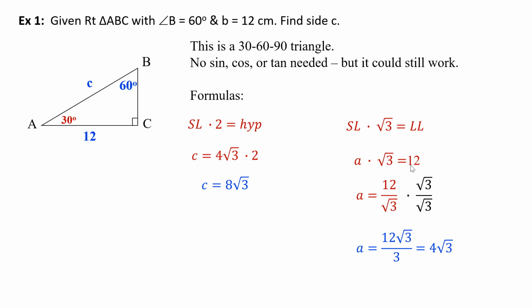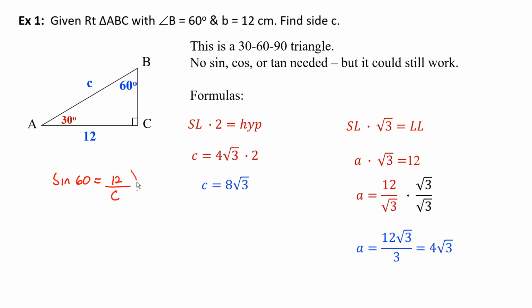Okay? So just to let you know, we could have also done this going from the 60 that was given. If I go from 60 and use opposite over hypotenuse, that would be a sine. So we could have done sine of 60 equals 12 over C. To solve that, I would have to get the C out of the denominator.